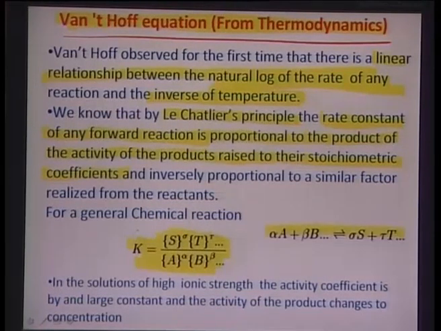Okay. So, if in this particular case alpha moles of A is reacting with beta moles of B to generate, let us say, sigma moles of S and tau moles of T, then by the Le Chatelier's principle, the equilibrium constant for the forward reaction is generated as the activity of S to the power sigma into activity of T to the power tau, divided by activity of A to the power alpha into activity of B to the power of beta.